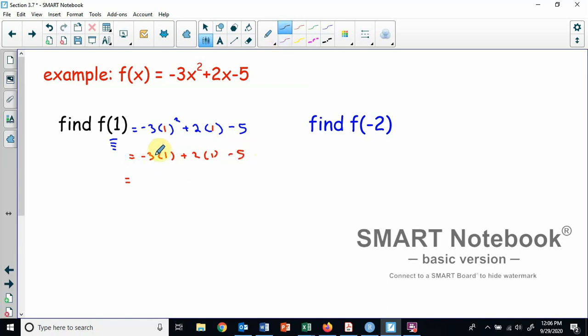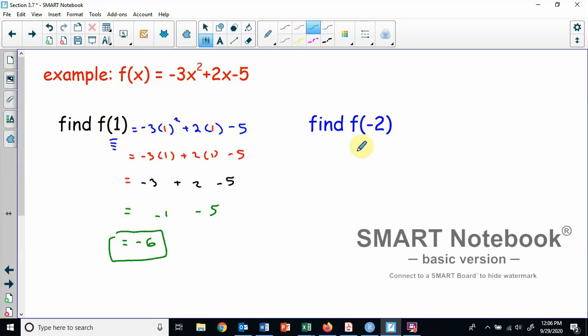So see, negative 3 times 1 is negative 3. 2 times 1 is 2. And I still have minus 5. Then I can subtract, or add and subtract. Negative 3 plus 2 is negative 1. And negative 1 minus 5 is negative 6. If any of the arithmetic confused you, just use a calculator. As long as you understand that when I give you this notation, I'm just telling you to plug a 1 in to this expression. So we plugged a 1 in. That's all that we are doing.